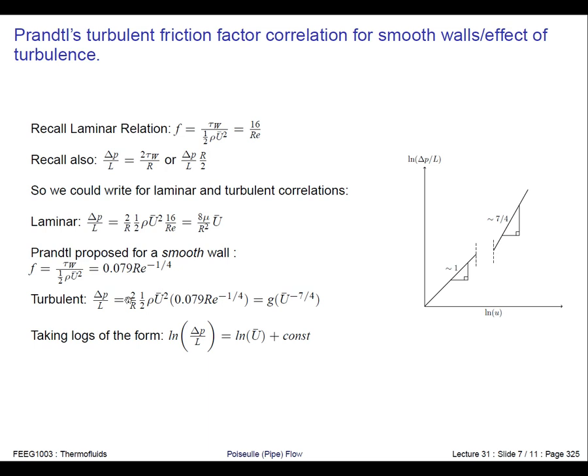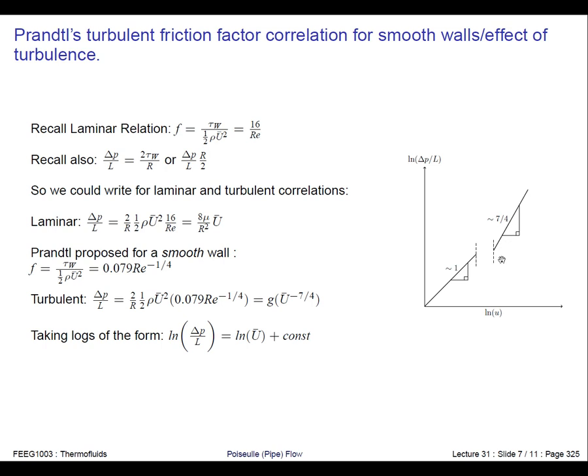We substitute this term into here, just as we did for laminar flow, and we end up with the pressure drop per unit length being a function of u to the 7 over 4. If we take the log of that, we plot another curve, which is this one.